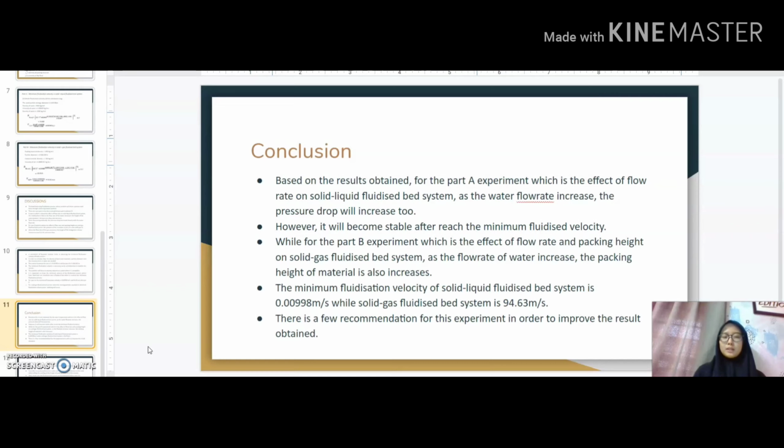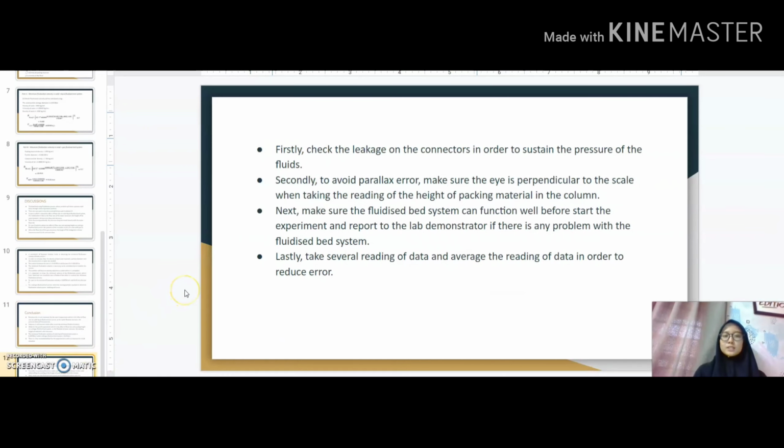In this experiment, there are a few recommendations in order to improve the results obtained. Firstly, we have to check for leakage on the connectors before we start the experiment in order to sustain the pressure of the fluids.